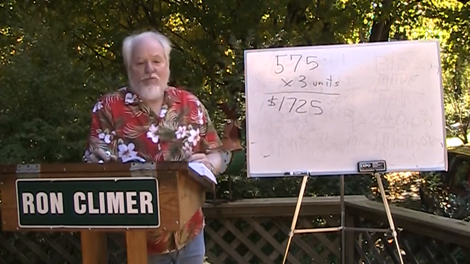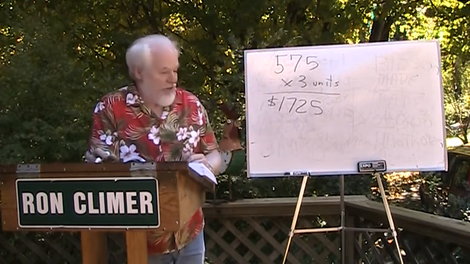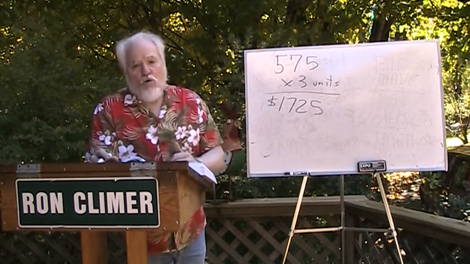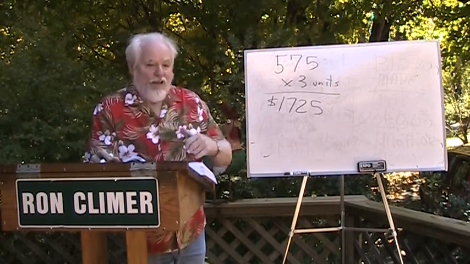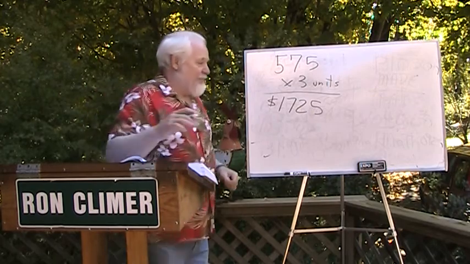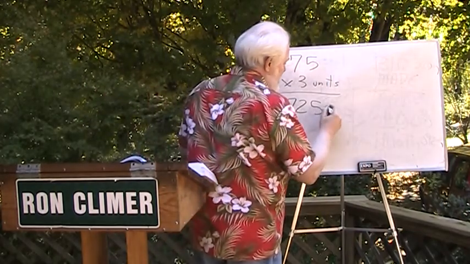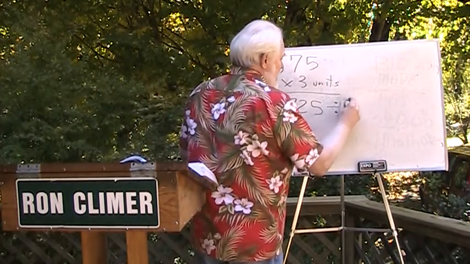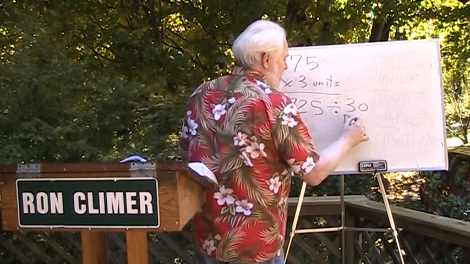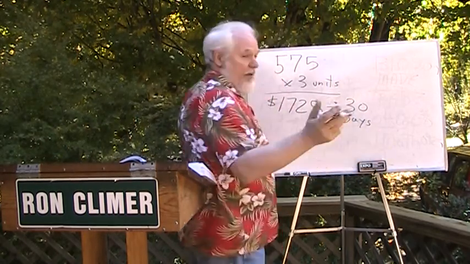Now you remember from back in the book, that means the seller owns that day and reaps any benefit from that day. So we're going to take the $1,725 and we're going to divide it by the 30 days in November.